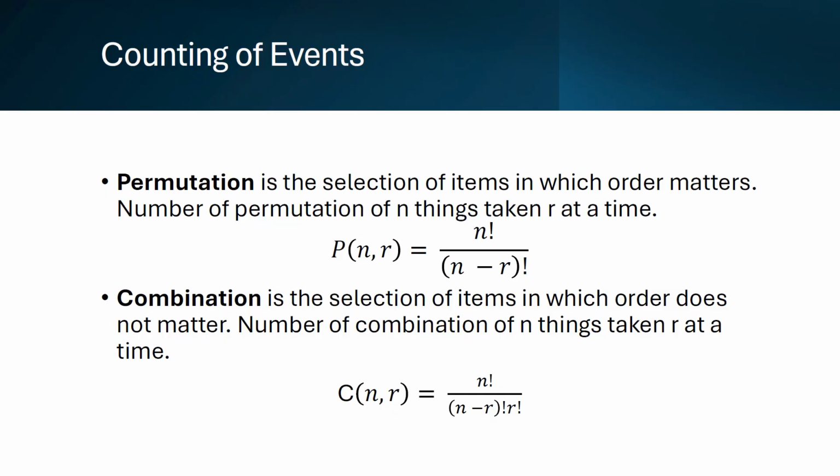On the other hand, combination is the selection of items in which the order does not matter. The number of combinations of n things taken r at a time is given by nCr, which is n factorial divided by (n minus r) factorial divided by r factorial.